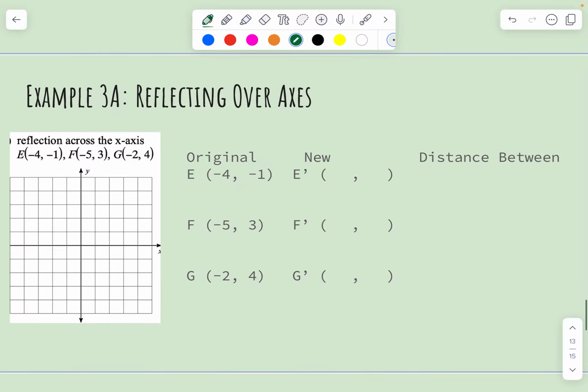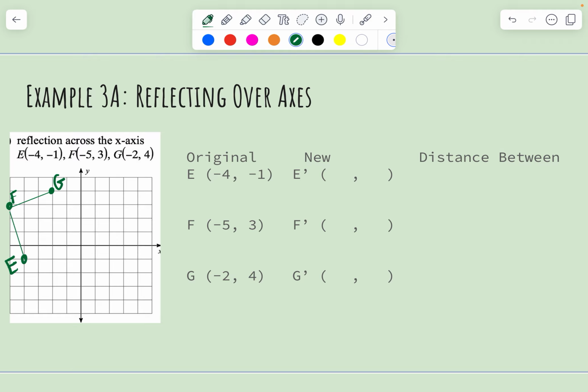We'll graph it. So E is at negative 4, negative 1. F is at negative 5, 3. And G is at negative 2, 4. So this is our original triangle.